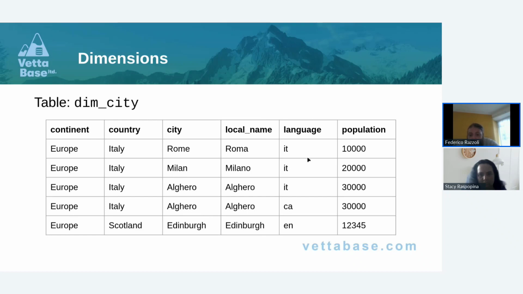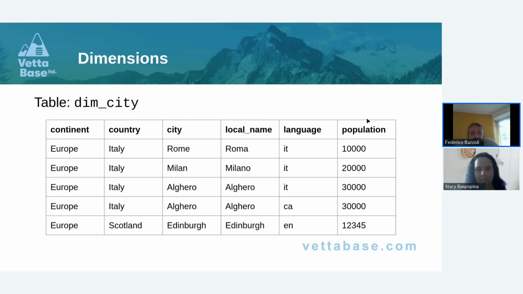Oh, but actually, there is even one more column in the hierarchy, which is language, because in some cities more than one language is spoken. Well, we might have things like local name, which are basically accessory information that we might use for filtering, or just to show in dashboards. This has nothing to do with aggregating data, but it's potentially useful human readable information.